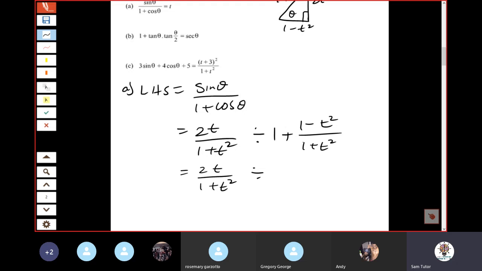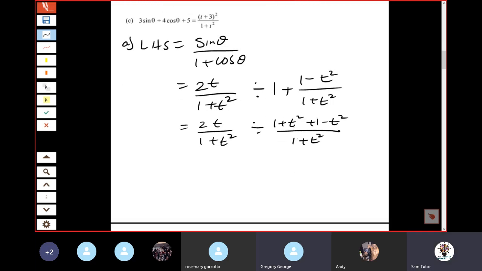What are you going to do here? You would add a 1 plus t squared, common denominator. Then you would end up with 2 on 1 plus t squared divided by 2t on 1 plus t squared.